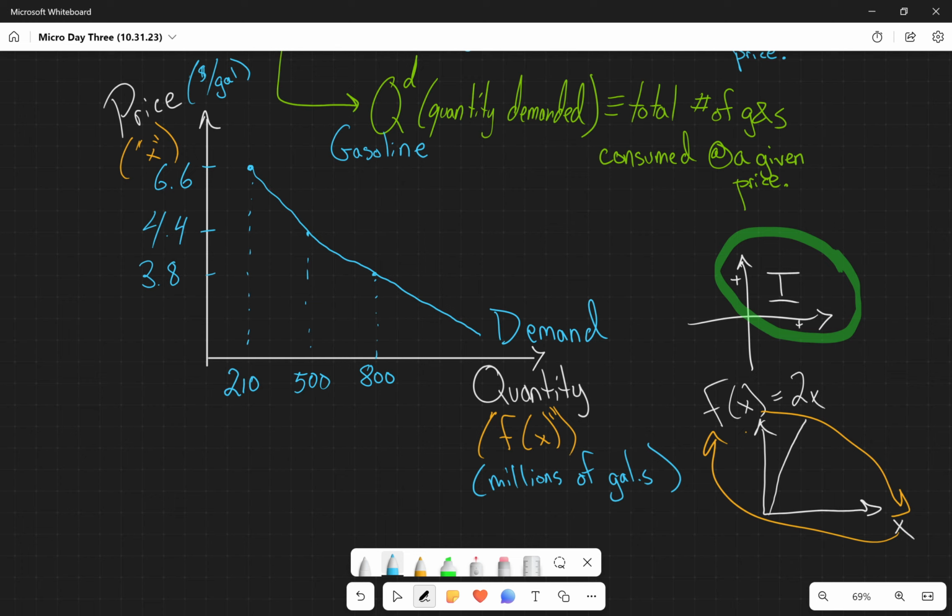One of the things we find is that this is a downward sloping line, right? It's got a slope of, let's see here, we can actually calculate the slope here.